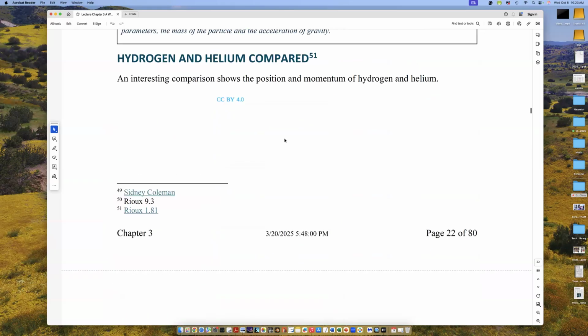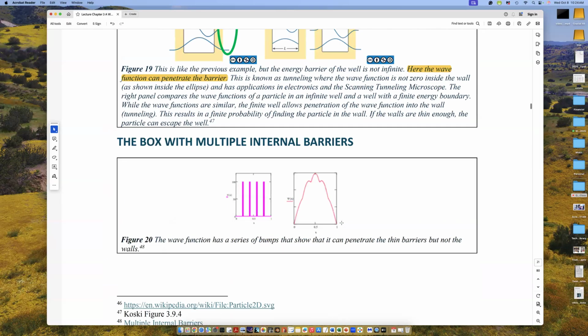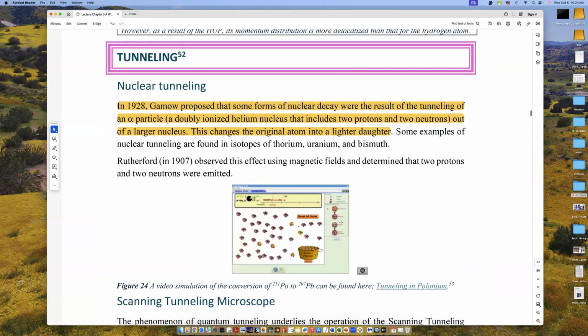Once tunneling was understood, that's what's happening here. George Gamow, who was a young scientist in Russia at the time, or Ukraine actually, I think, realized that some types of nuclear radiation could be tunneling of particles in the nucleus that managed to pop out of the nucleus because quantum mechanics allows that to happen.